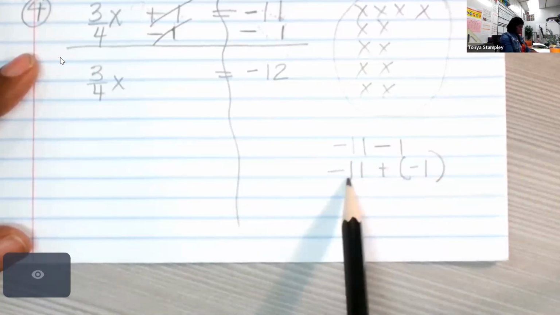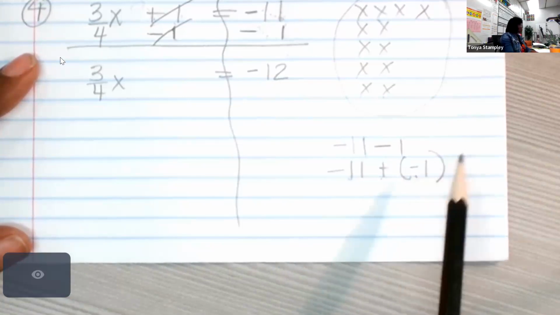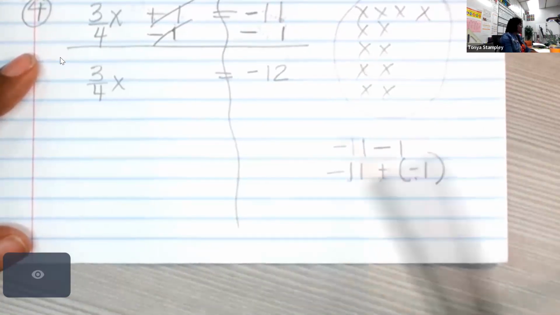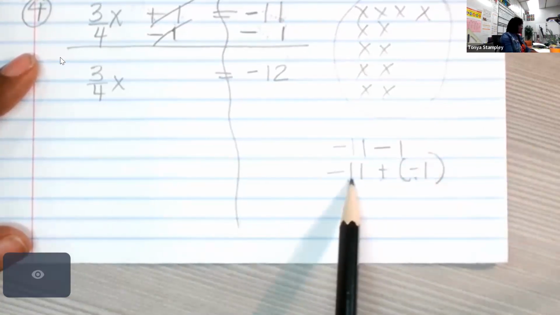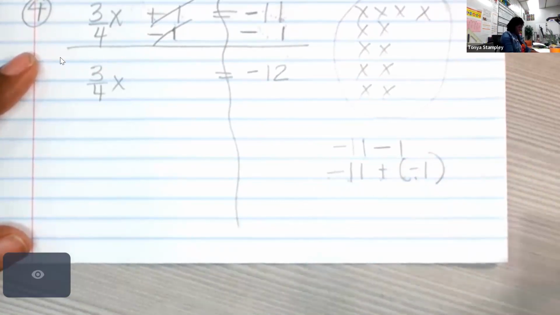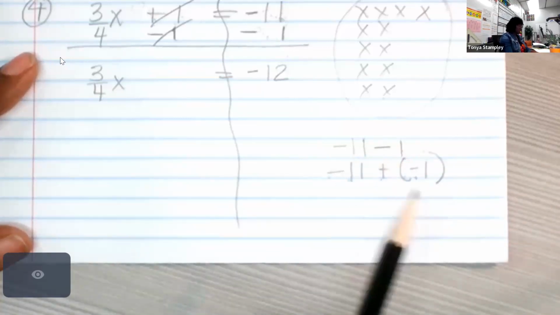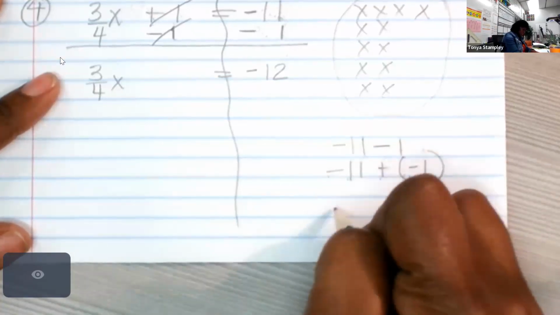So this says -11 plus -1. Is that the same or different? The same? Why? How do you know that? Negative plus negative is bigger negatives. What's in front of this 11? Negative. What's in front of this 1? Negative. Isn't that the same thing that was happening here? Yes, it's the same exact thing.